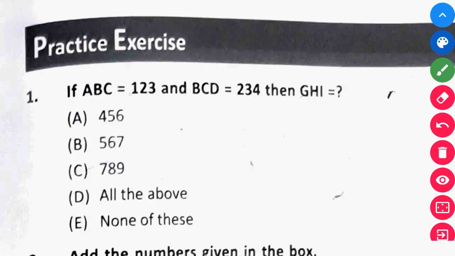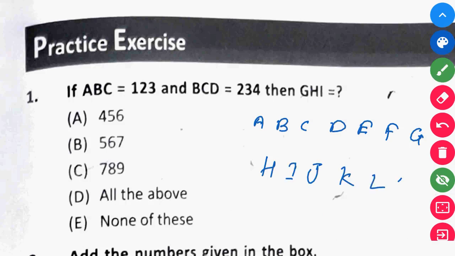Now if you look carefully, A, B, C, you all know the alphabets, A, B, C, D, E, F, G, H, I, J, K, L, M, N, O, P. So if we write the positions of the alphabets, 1, 2, 3, 4, 5, 6, 7, 8, 9, 10, 11, 12, 13.